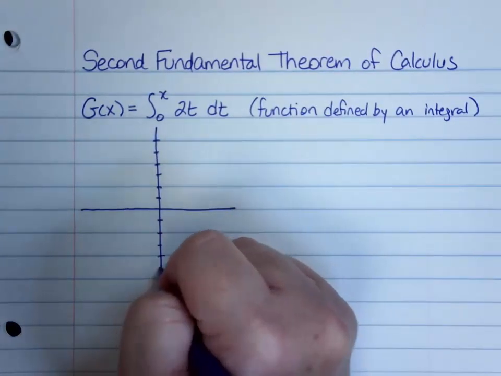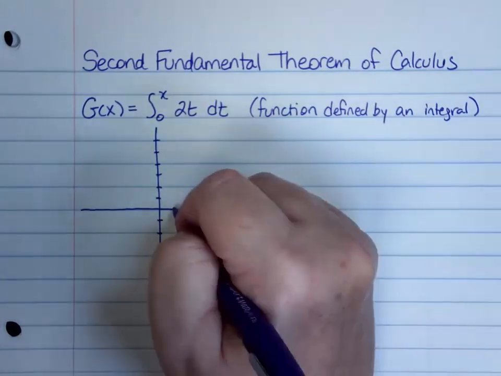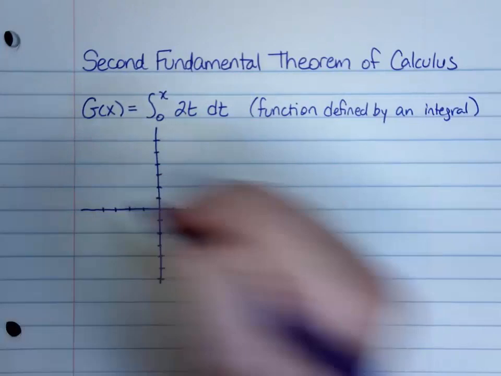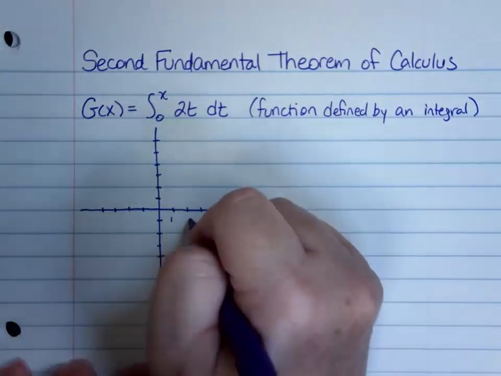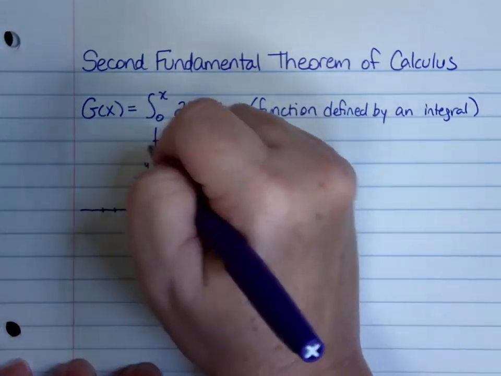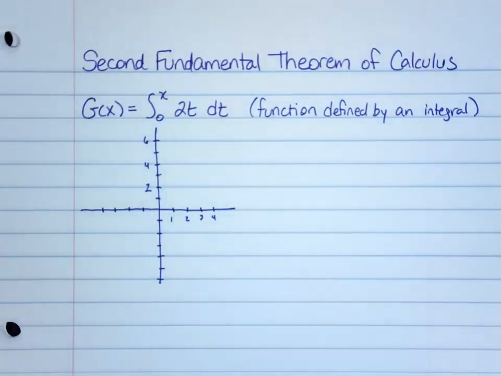You're going to need to go up to about 6, about 6 in each direction. And then mark off your x-axis in about equal increments. You only need to go about 4 in each direction that way. So this is 1, 2, 3, 4. This is 2, 4, 6. I'll give you a second to do that.